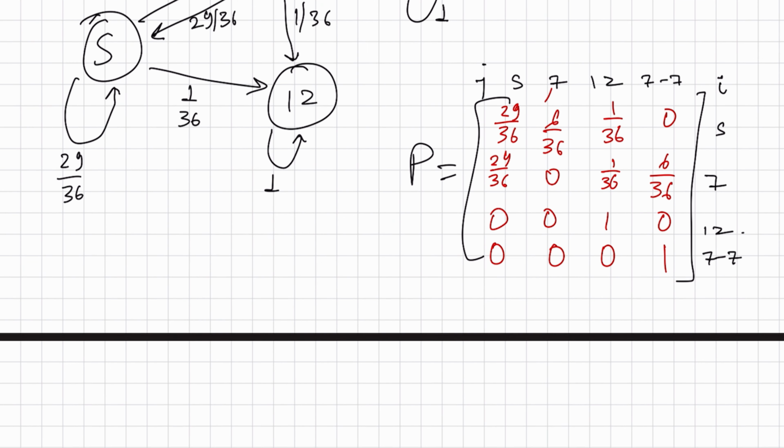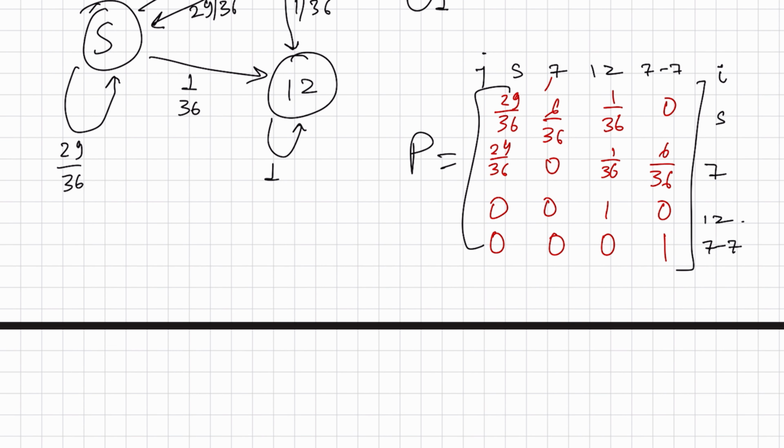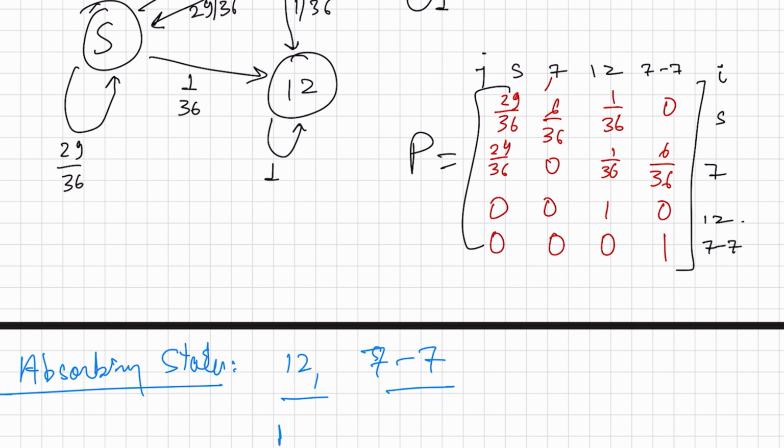So I'm just going to quickly make a few notes here. What are the absorbing states? I've been calling them absorption for some reason, but it's absorbing states. So there are two absorbing states here. One is state 12 and the second one is state 7, 7. Here A wins, here B wins.